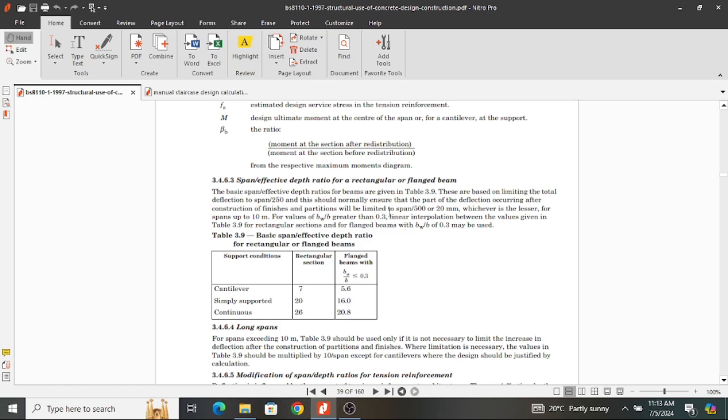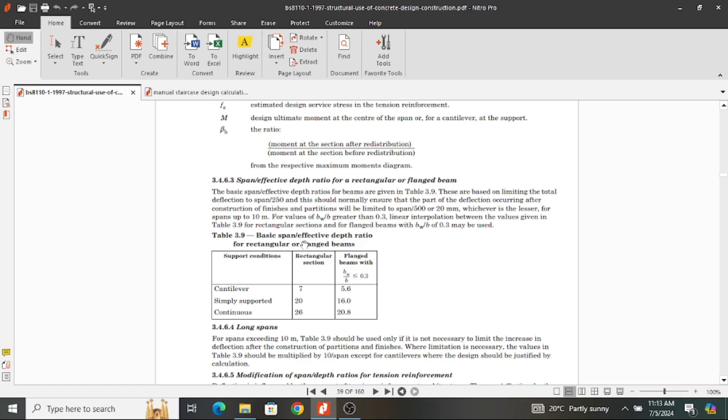And this should normally ensure that the part of the deflection occurring after construction of finishes and partitions will be limited to either span over 500 or 20 millimeters, whichever is lesser. That is what we are supposed to limit our deflection to.